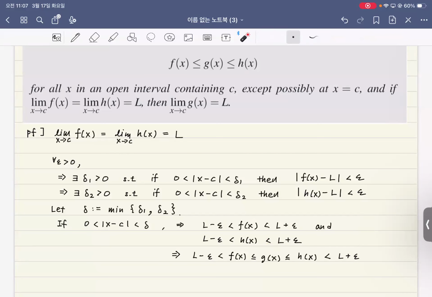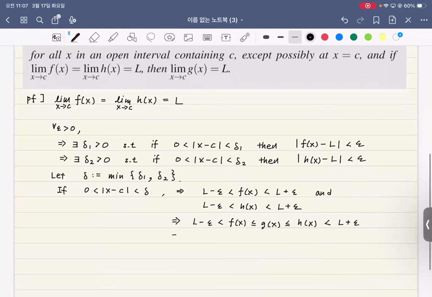Because of this, L minus epsilon is less than g of x, less than L plus epsilon. So in other words, the absolute value of g of x minus L is less than epsilon.